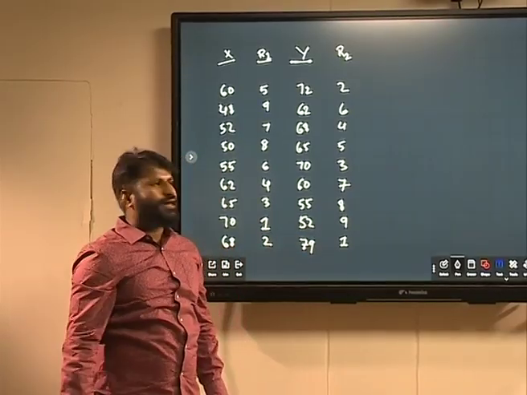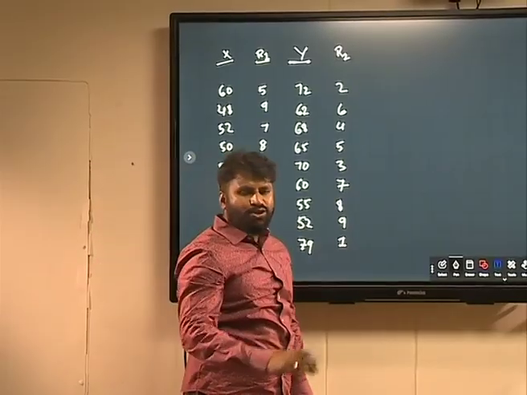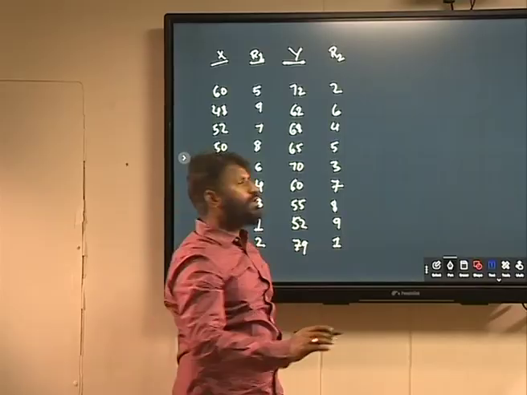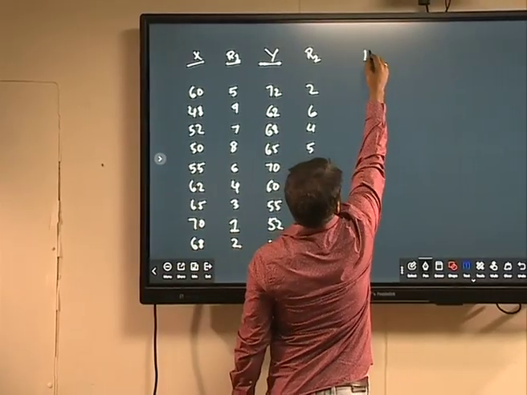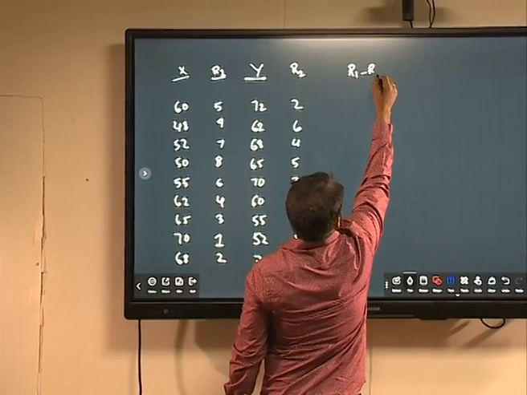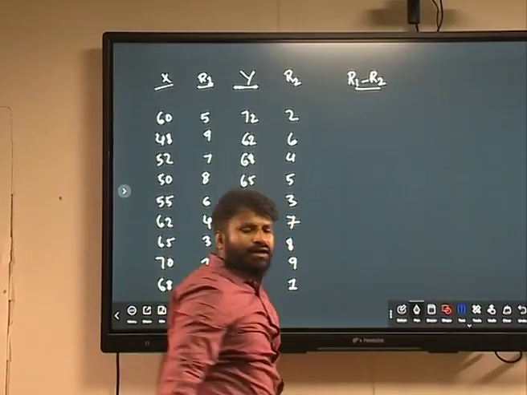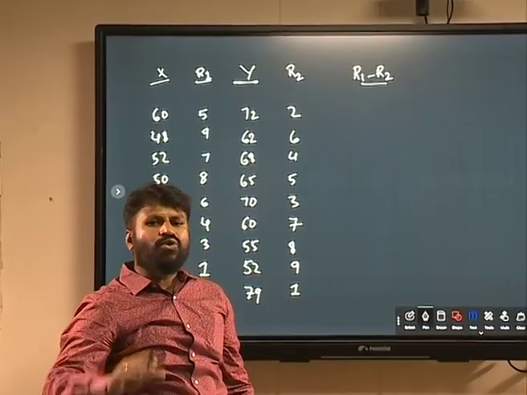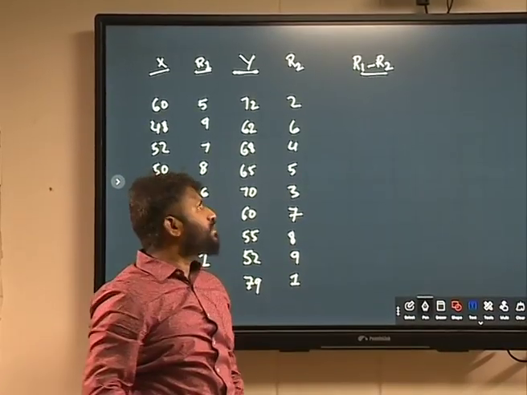Next, as usual, the same steps we followed previously are applicable here also. Next, we have to find R1 minus R2. You can take R1 minus R2 or R2 minus R1; here we require only the difference of ranks. Is it clear?